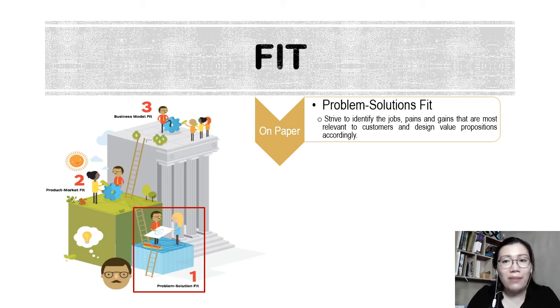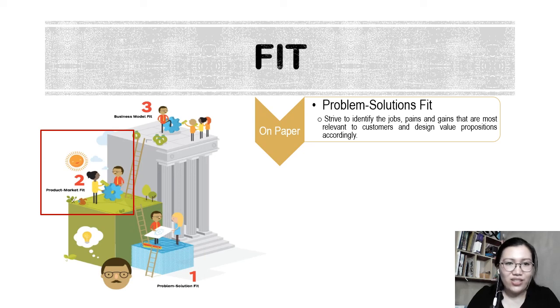Here you prototype multiple alternative value propositions to come up with the ones that produce the best fit. The fit you achieve is not yet proven and exists mainly on paper. That is why it is called the on paper stage. The next step is to provide evidence that customers care about your value proposition or start over with designing a new one.